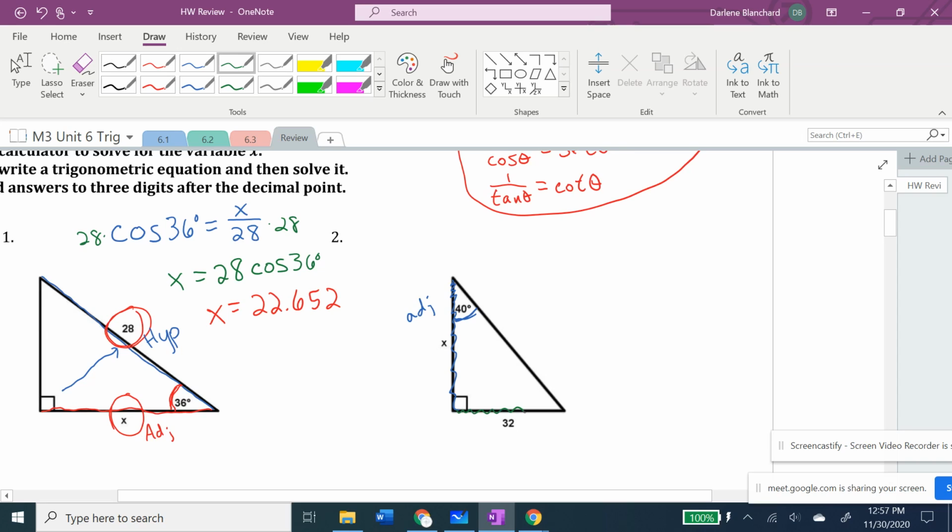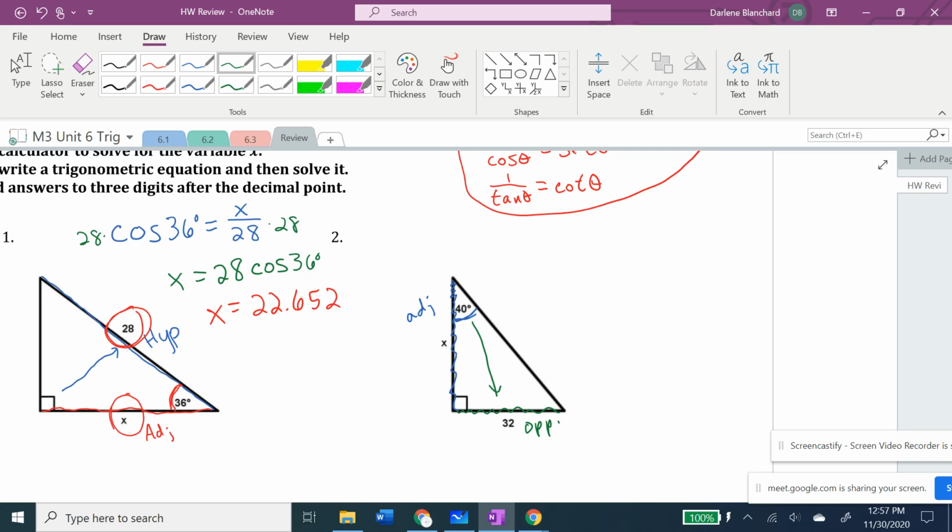Then the other leg is opposite the 40-degree angle, and that makes it the opposite side. So what trig function comes to mind when it comes to opposite and adjacent? Correct.